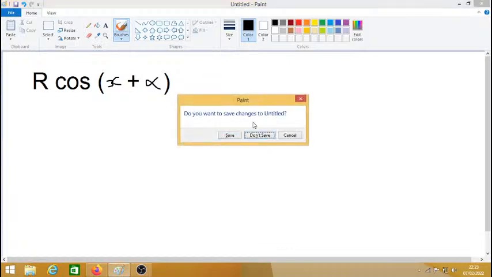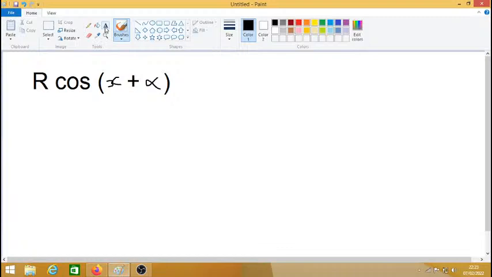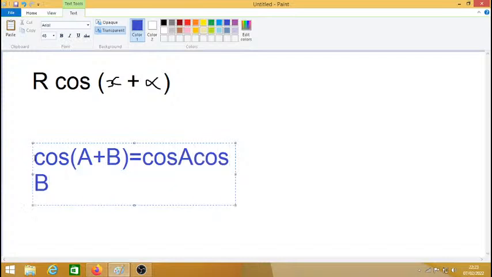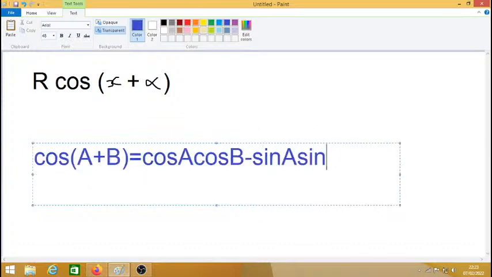Just a quick reminder of what we're trying to do here. We learned the a plus b formula for cos. So cos of a plus b, two angles added together, can be written as cos a cos b minus sine a sine b.